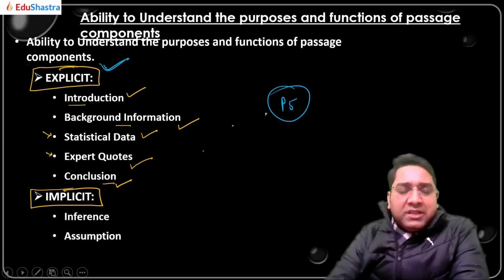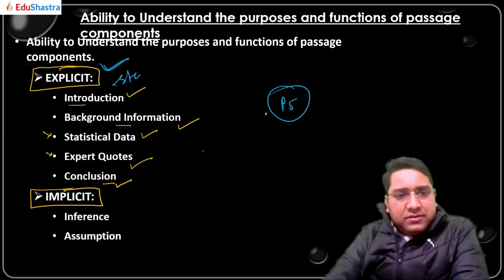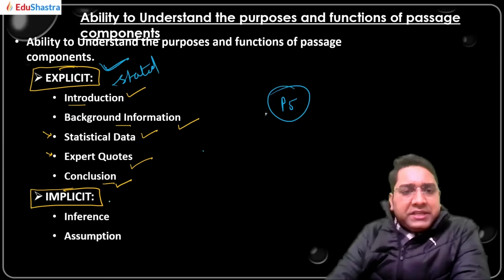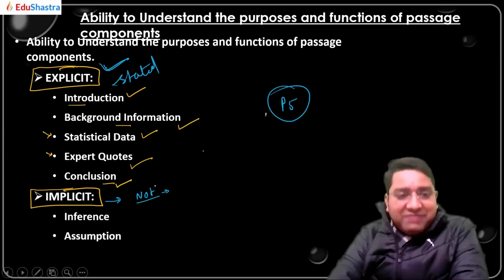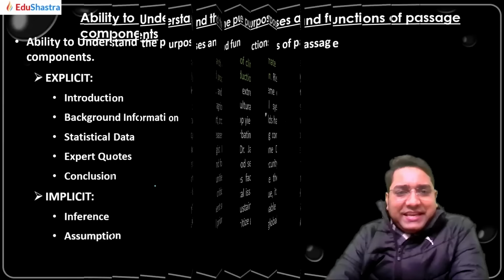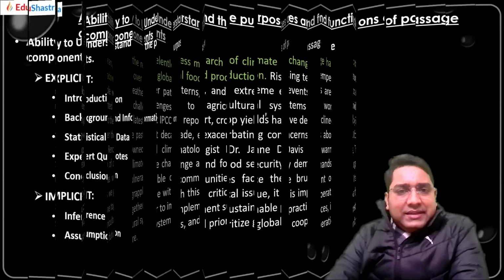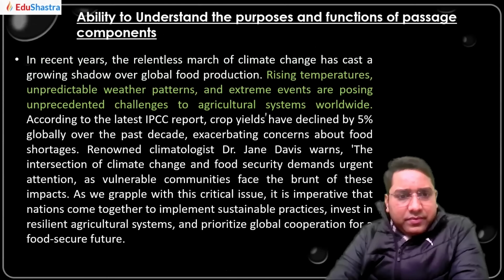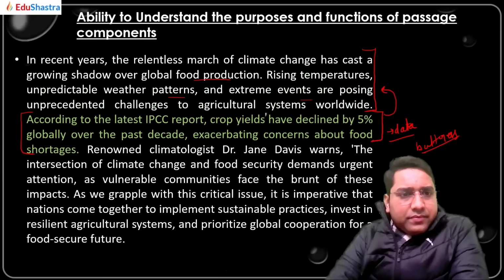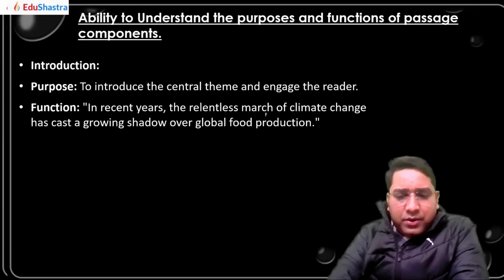So this was about the explicit things, if things are mentioned in the passage, if it is stated. Now let us talk about things which are not stated. This is very interesting, fascinating. This we have already discussed, right? Okay, so let's understand.